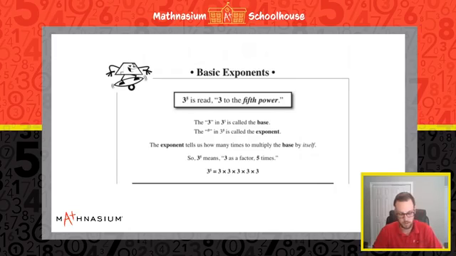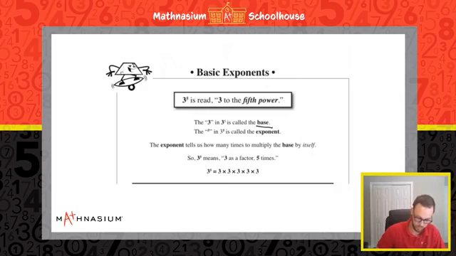All right, so when we're talking about exponents, you may have seen these before in school. The larger number, or in this case the 3, is what we call the base. So 3 is the base. And the 5, the number in the superscript, the smaller number up top, is the exponent.